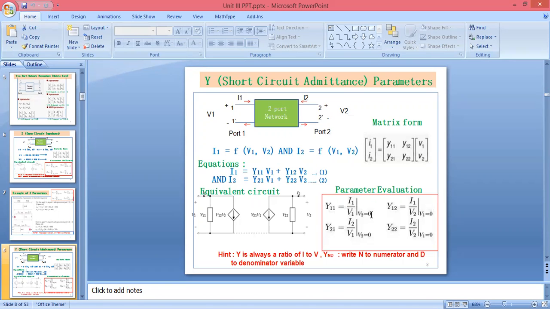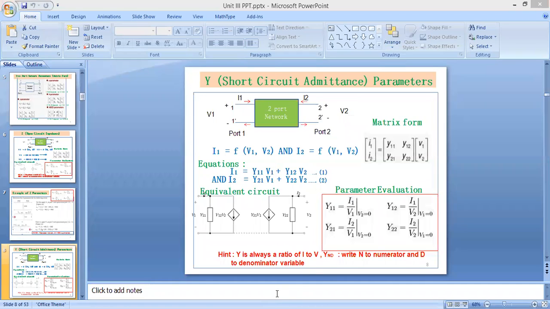If we consider V2 as 0, our first equation becomes I1 equals Y11 into V1. So we convert this equation to the form Y11 equals I1 upon V1, when the value of V2 is 0. Again, we make V2 as 0.